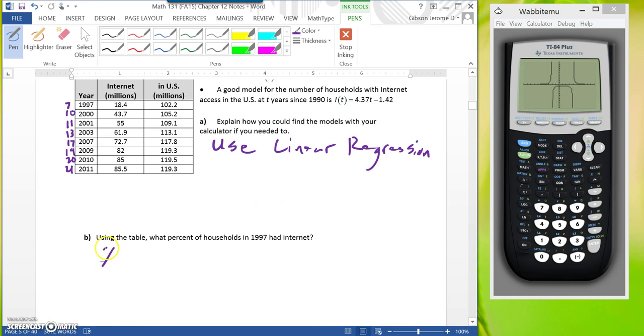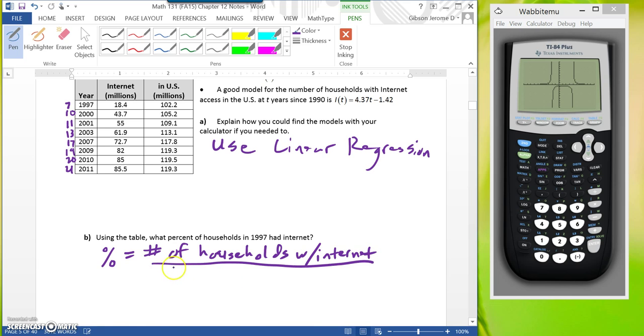The percentage of households equals the number of households with the internet divided by the total number of households, and then we multiply that by 100.